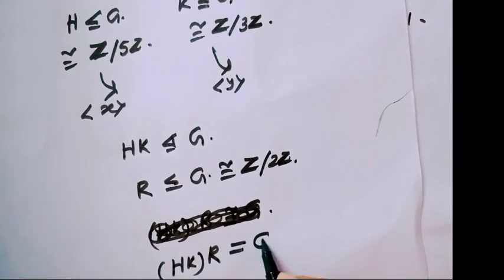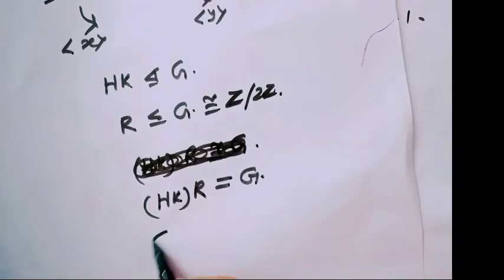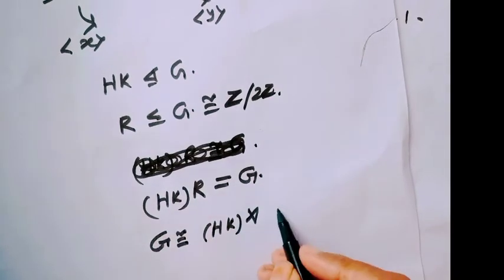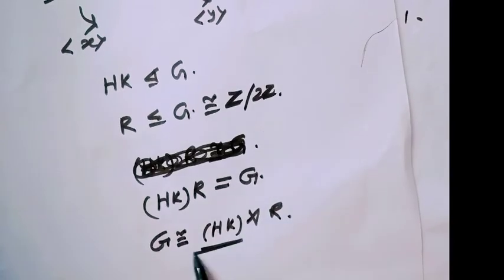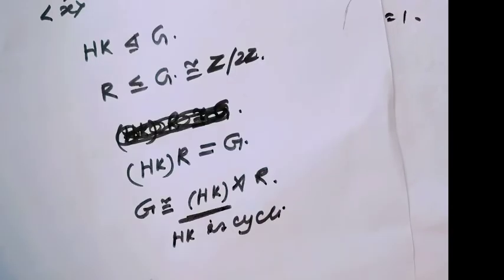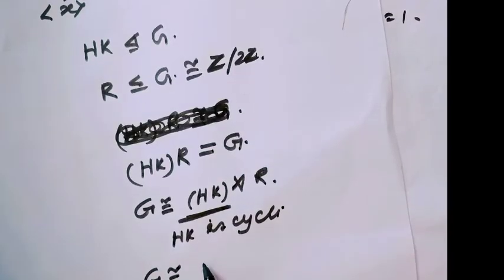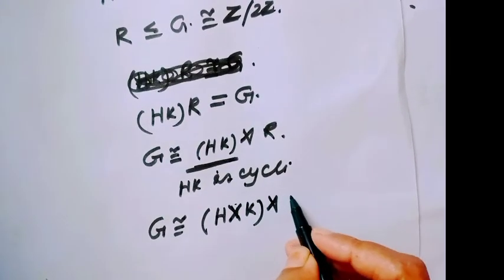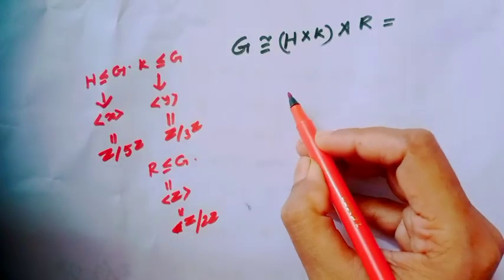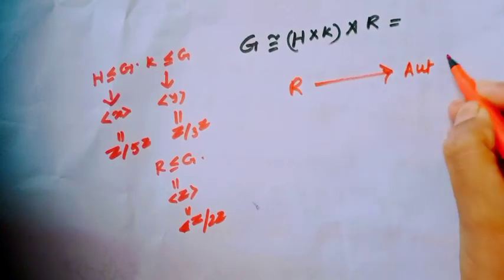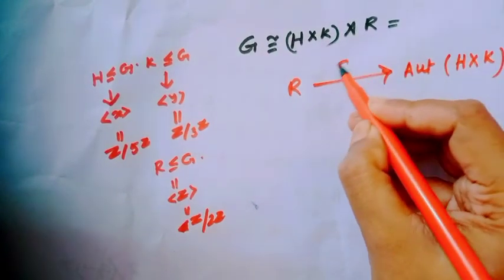Then HK times R equals G, and we can tell easily then G is isomorphic to HK semi-direct product R, and since HK is cyclic, we can tell also G is isomorphic to H direct product K, semi-direct product with R. Consider there exists a homomorphism phi from R to the automorphism group of H direct product K, and this homomorphism is denoted as phi.